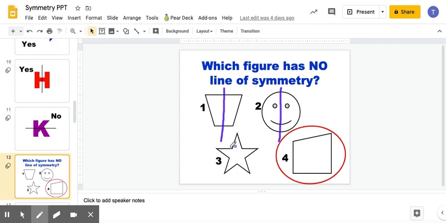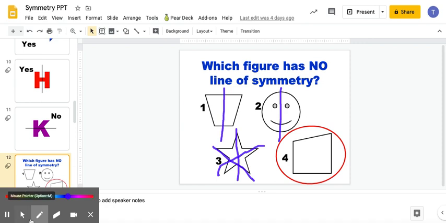And then your star actually has several lines of symmetry. You can draw a line of symmetry here, and here, and here. And again, these aren't very straight. And then there's actually 2 more that I'm not going to draw because the lines are going to get confusing. But a star has 5 lines of symmetry.